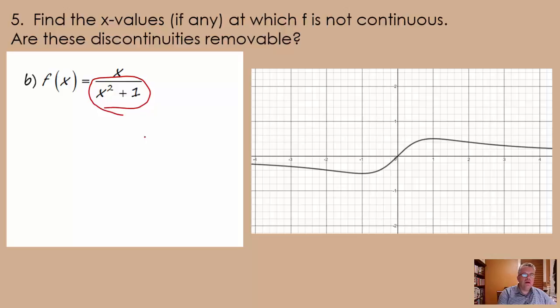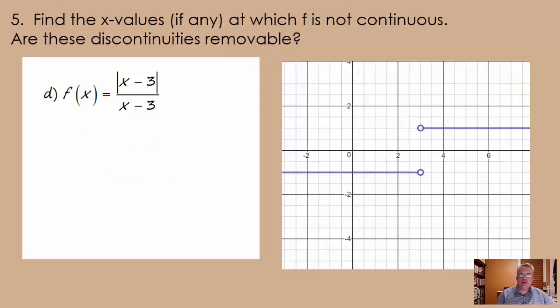All right, it's continuous on the whole real number line. I think I misspelled that. So it's continuous for x going from -infinity to +infinity. It's continuous everywhere. All right, I like that guy.